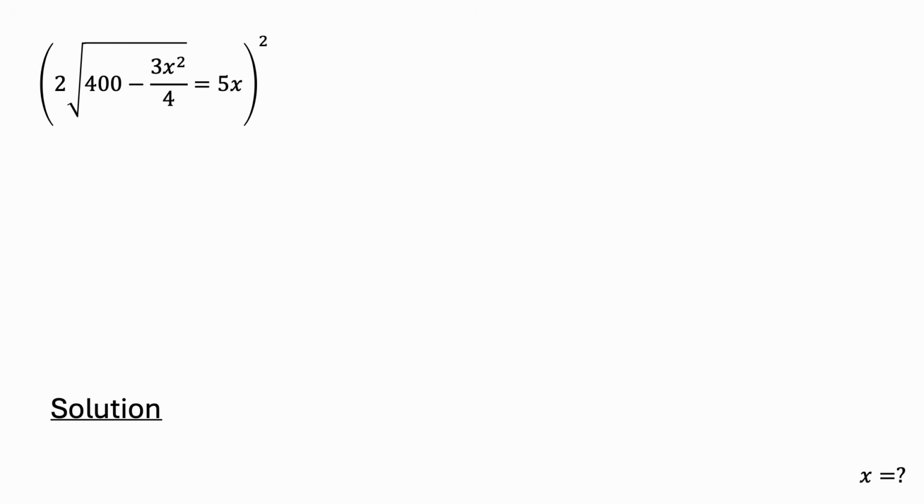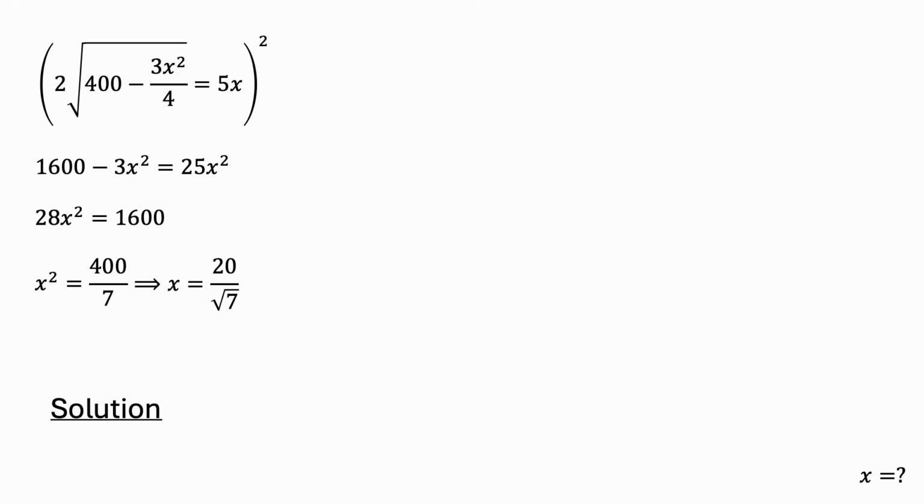After squaring both sides, we obtain 1600 minus 3x squared equals 25x squared, or 28x squared equals 1600. After dividing both sides by 28, we get x squared equals 400 over 7. Therefore, x equals 20 over square root 7, which is the answer.